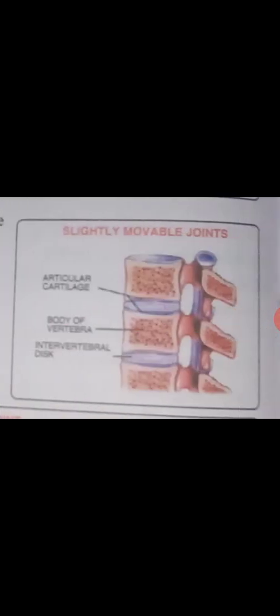Next one is the slightly movable or cartilaginous joints. In these joints there is slight movement, like in intervertebral joints, etc. In this picture, the slightly movable joints are shown.